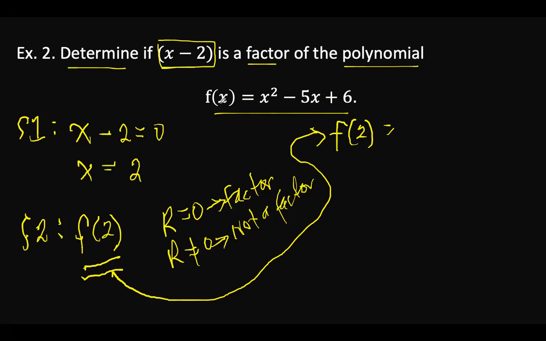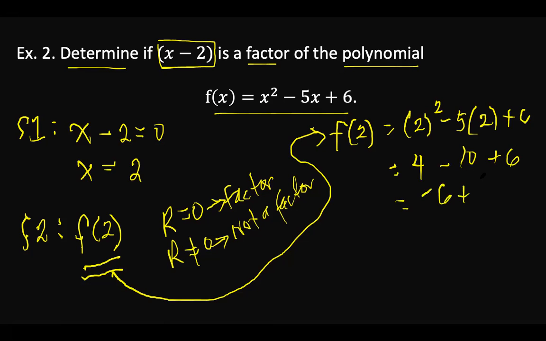Pinalitan natin si x dito ng 2, so therefore, lahat ng x's dito ay papalitan din natin ng 2. So, magiging siyang 2 raised to 2 minus 5 times 2 plus 6. Ayan, so magiging siyang 4 minus 10 plus 6. Mangyayari ay 4 minus 10 ay negative 6 plus 6 ay 0.